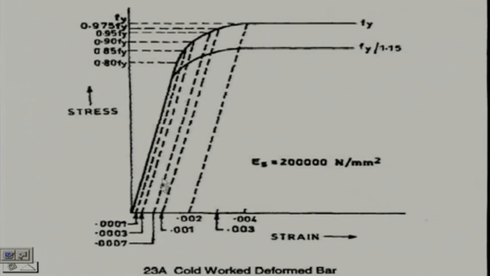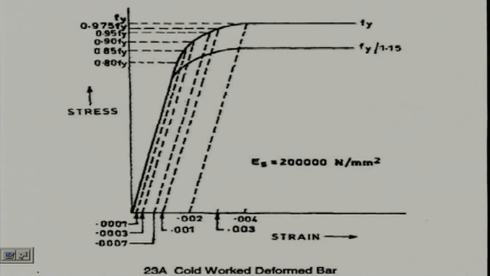The other important part, the major part in our case, since 0.0038 for Fe 415, we are getting 0.87 fy. Why? Because we are using the partial safety factor for materials, that is divided by 1.15 for steel. So, we are getting 1 by 1.15, which is nothing but 0.87 fy.